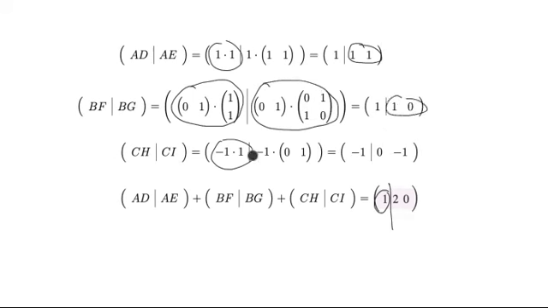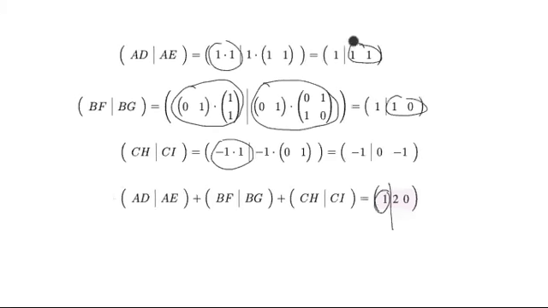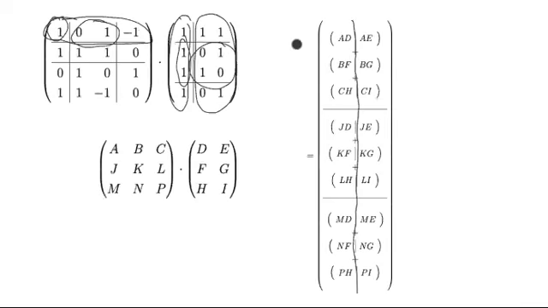And over here, the last guy, -1, and the 0, 1 multiply together to give you 0, -1. You add the results, and you end up getting 1, 2, 0. So in the final result, this part right here is going to be 1, 2, 0.